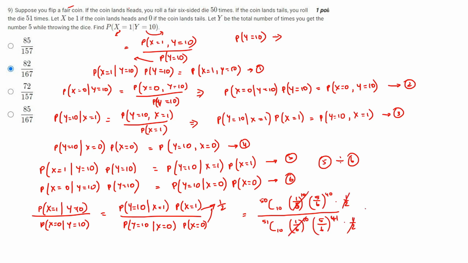And now we'll have 41 divided by 51 into 6 by 5.